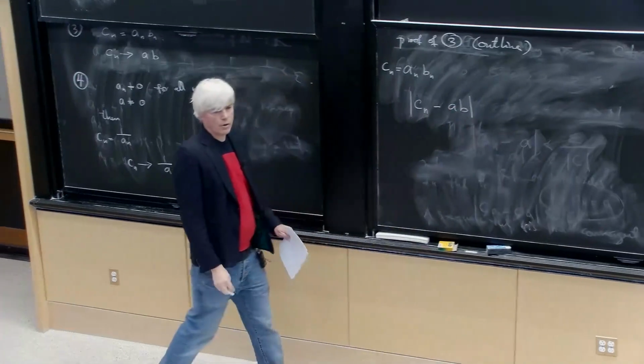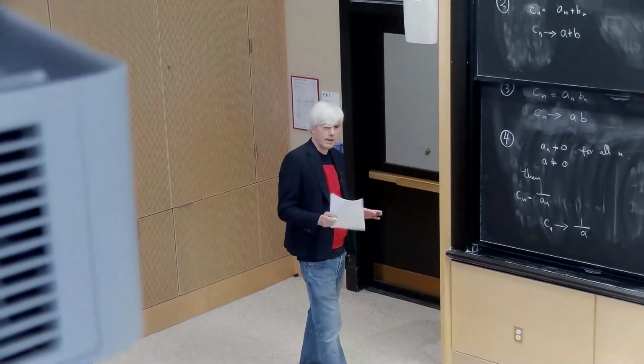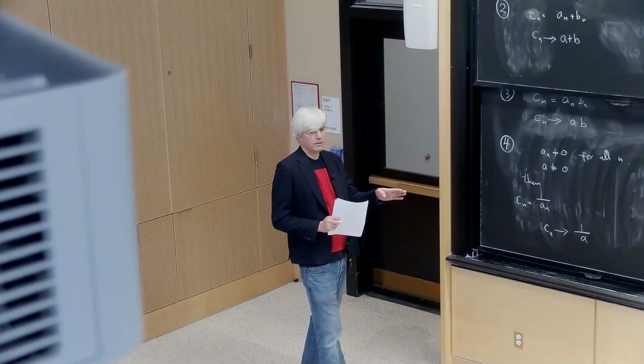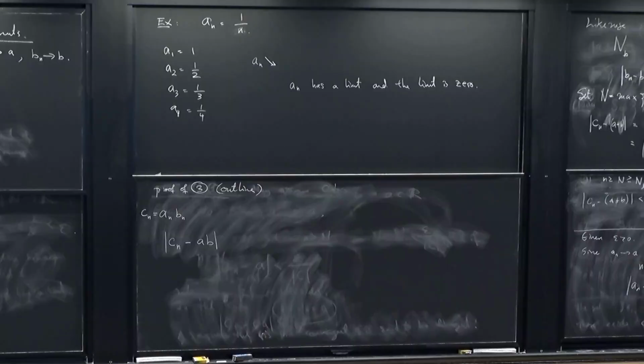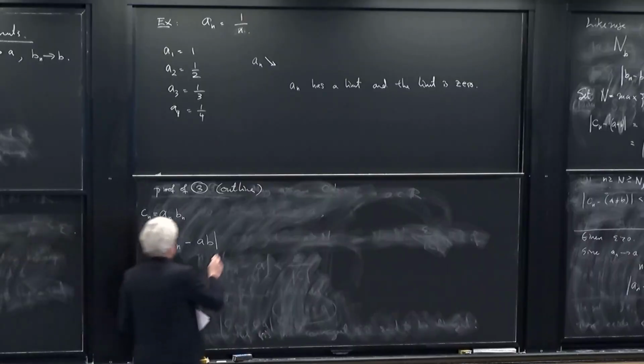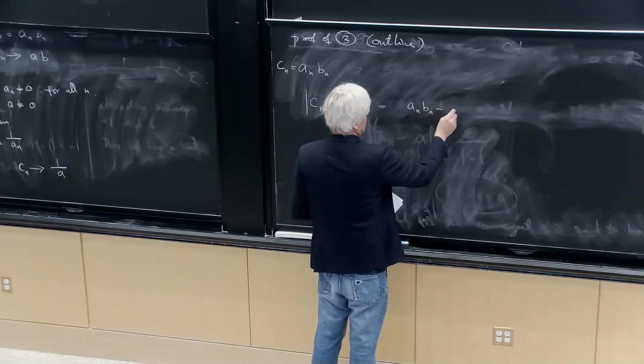We want to show that, given epsilon, if little n is sufficiently large, then this difference is bounded by epsilon. This thing here is a_n b_n minus ab.